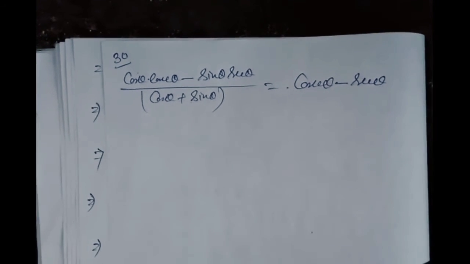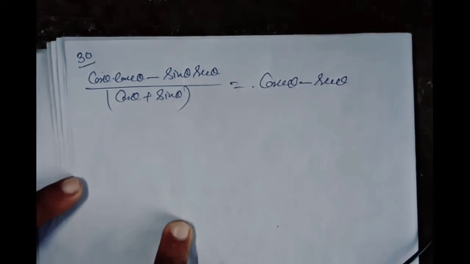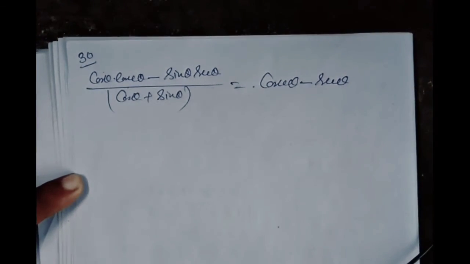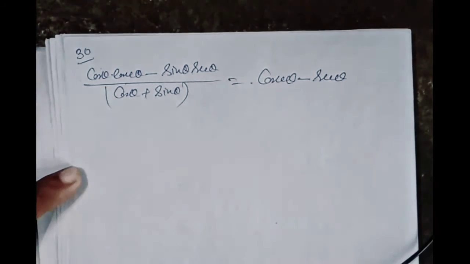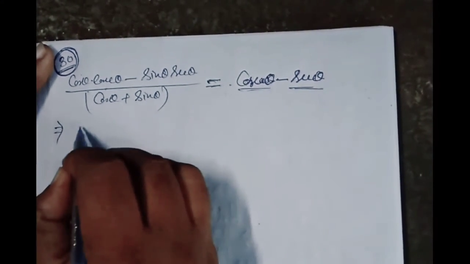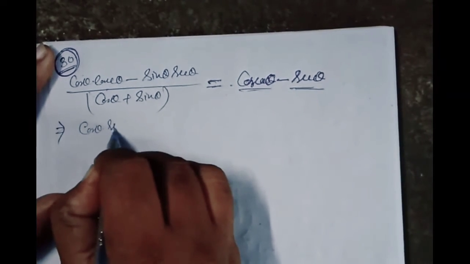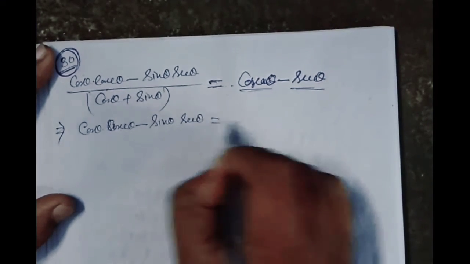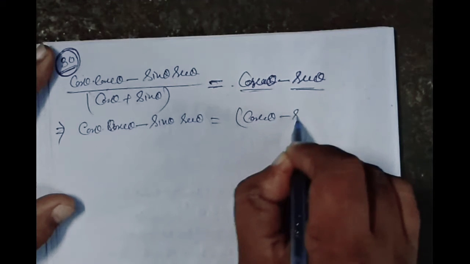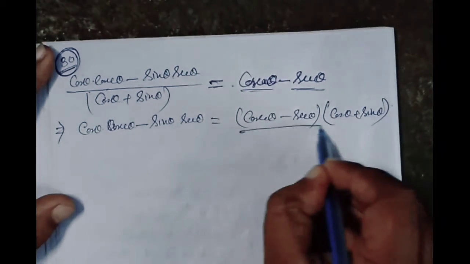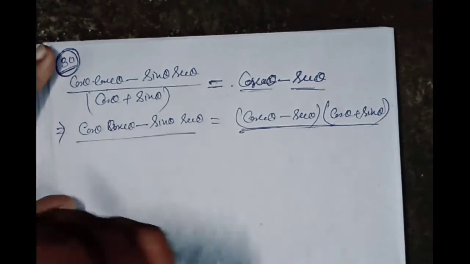So, if we show that cos theta into cosec theta minus sin theta into sec theta equals (cosec theta minus sec theta) into (cos theta plus sin theta), that means this multiplication is equal to this, then that will be okay.